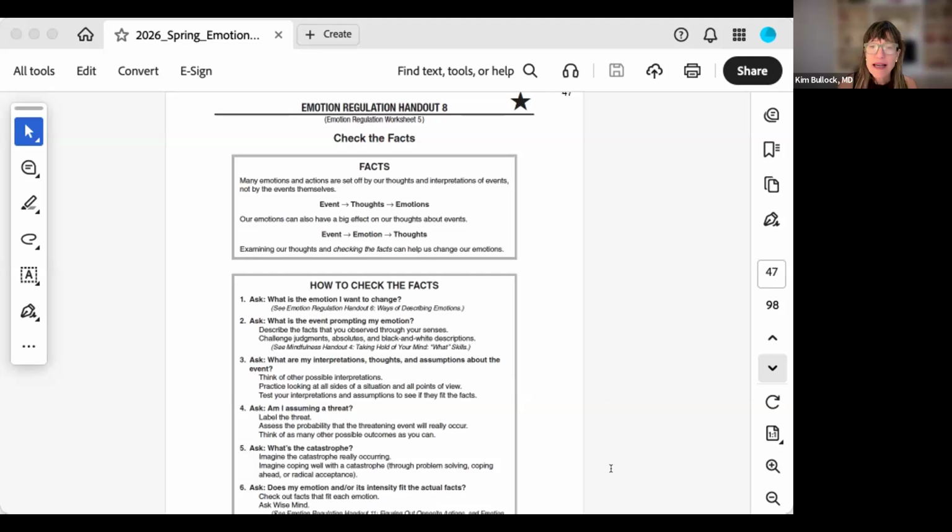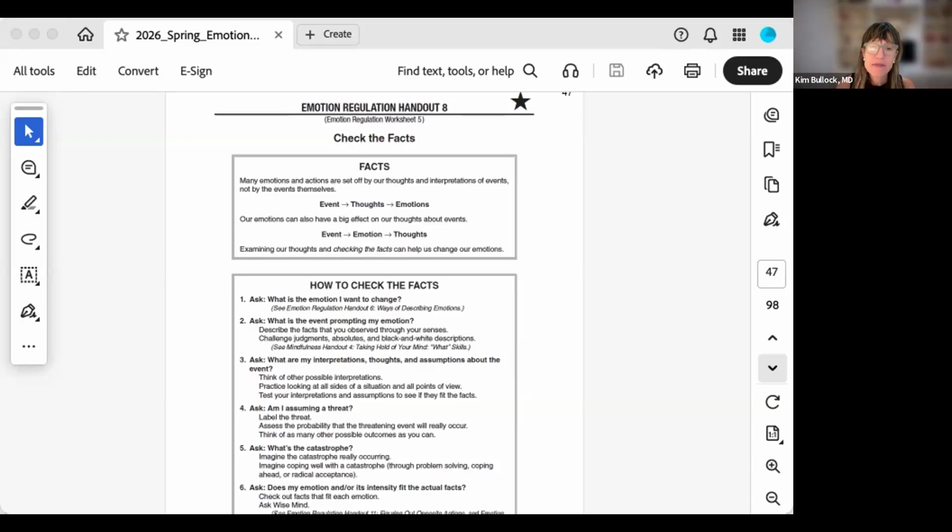Prompting events can be events outside of ourselves, but they also can be internal events, such as a previous emotion or some FND sensations or behaviors. They can be a series of thoughts or ability or inability to do a task. It could be dissociative or cognitive symptoms one's having.